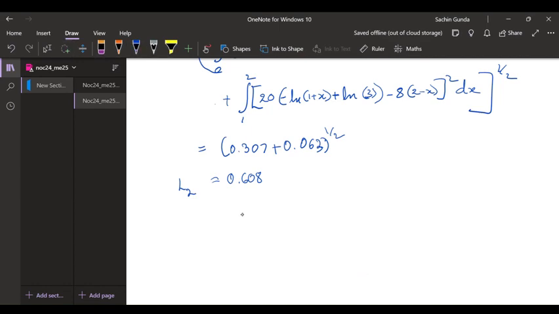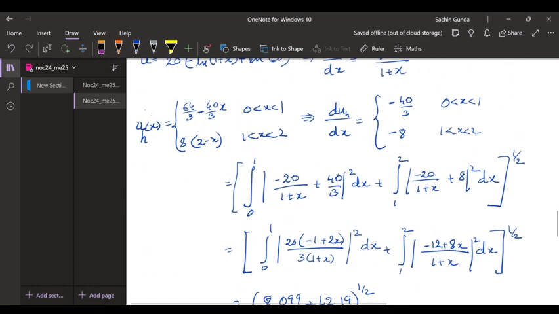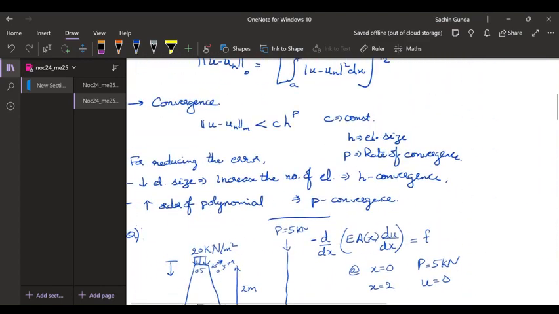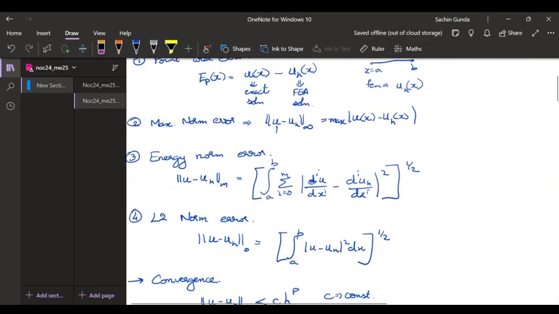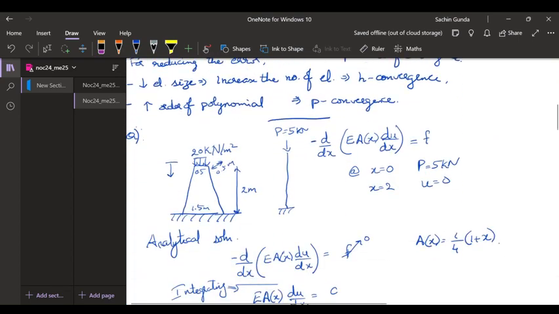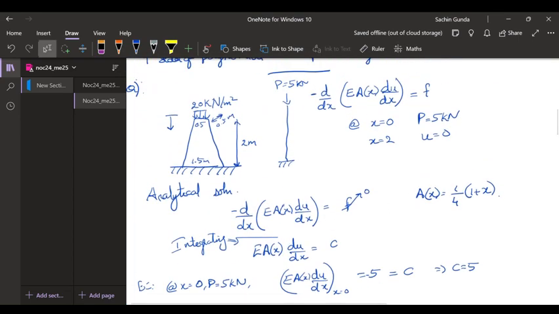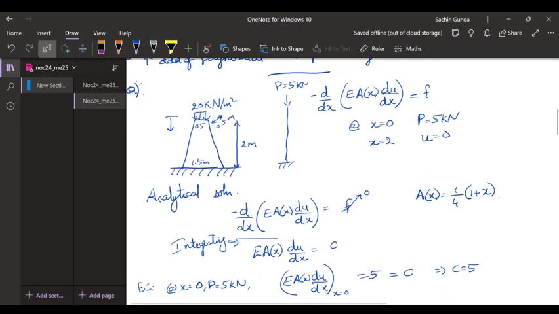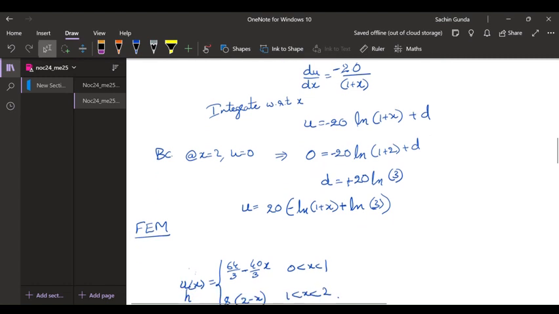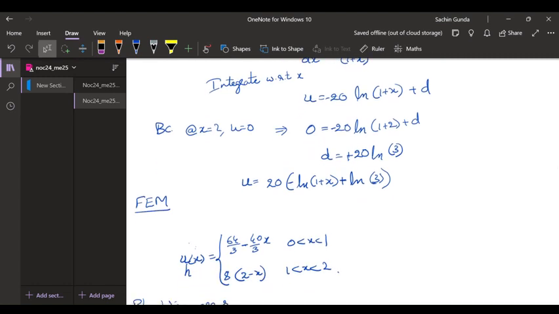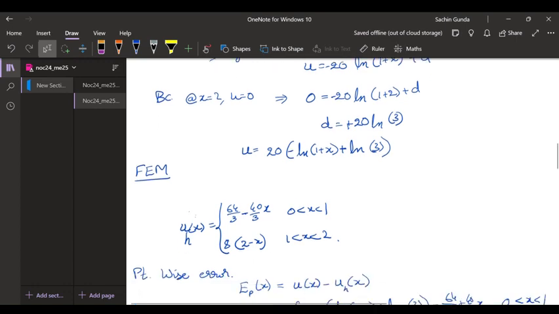I'll just revise whatever we were doing till now. We want to calculate different types of error, and we took one example problem and solved it analytically. It's a bar problem with varying area, and the displacement solution is found. It is logarithmic, not at all linear, but we are comparing it with the FEM solution, for which we took linear shape functions.